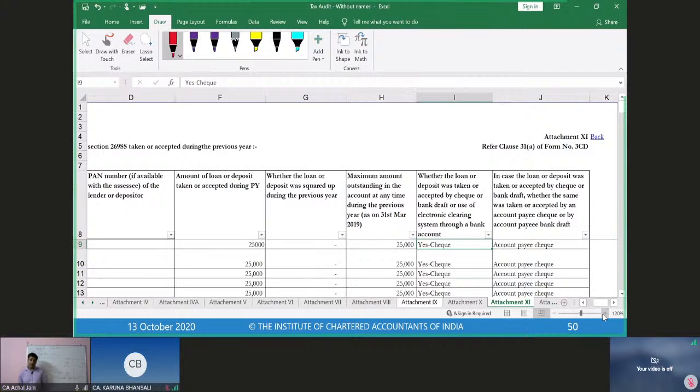In case it would have kept the photocopies, then it can be verified by the auditor whether those were account payee checks or not, by tracing the details of those checks and the photocopies to the bank statements wherein those checks would have got cleared and the reference of that check number would have been captured.